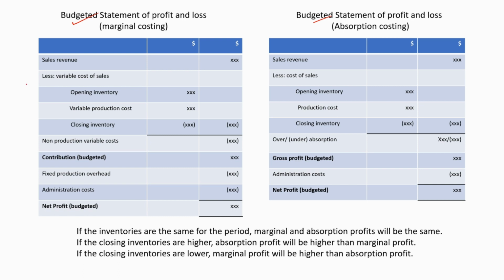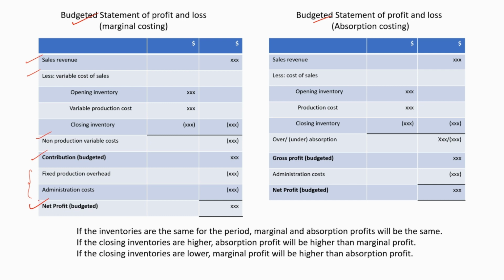So now what we have to do is reconcile the budgeted profit using the variances in order to arrive at the actual profit. All of these, sales revenue, variable cost of sales, non-production variable cost, contribution and non-production cost, and finally the net profit, are budgeted values.